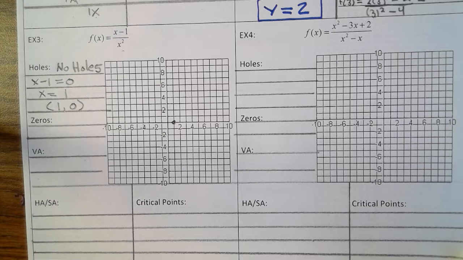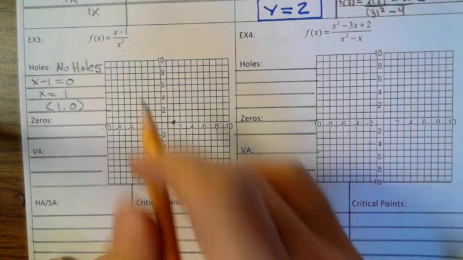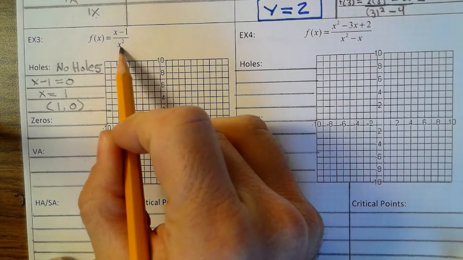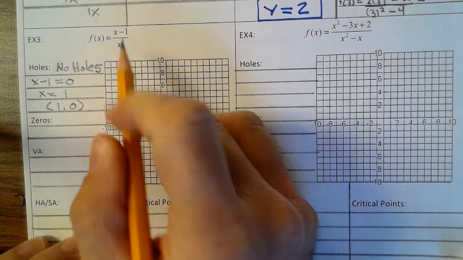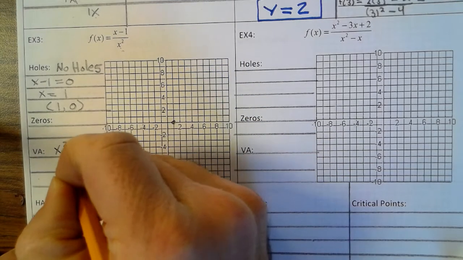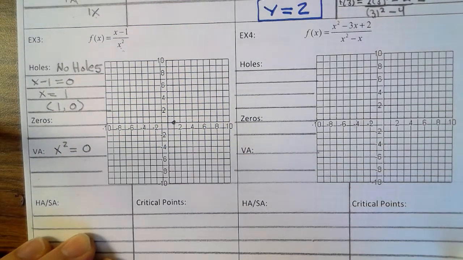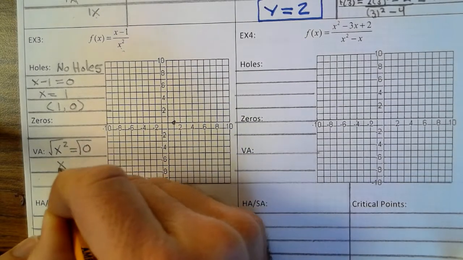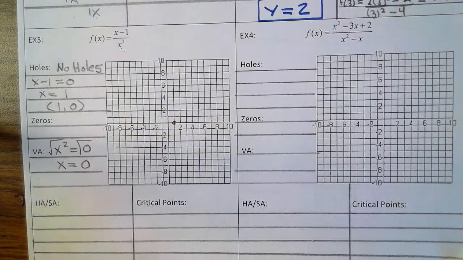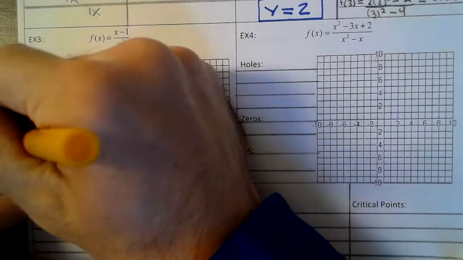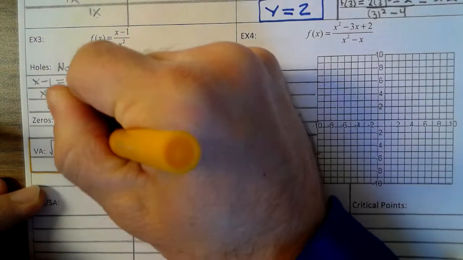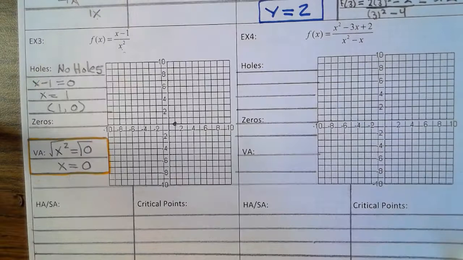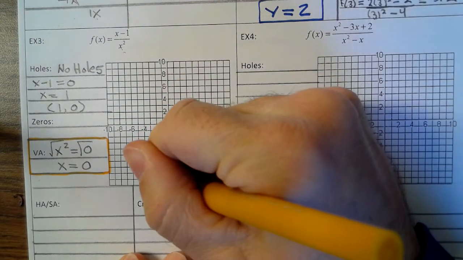Now for the vertical asymptote, we set the denominator equal to 0, so you get x squared equal to 0. Take the square root of both sides, x equals 0. So you have a vertical asymptote at x equals 0.